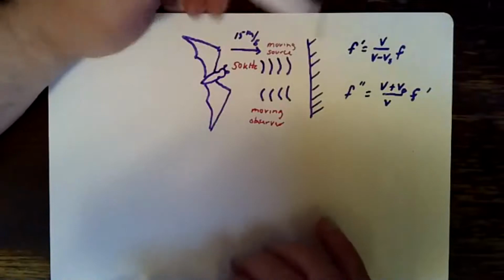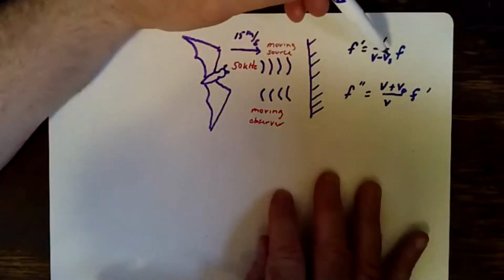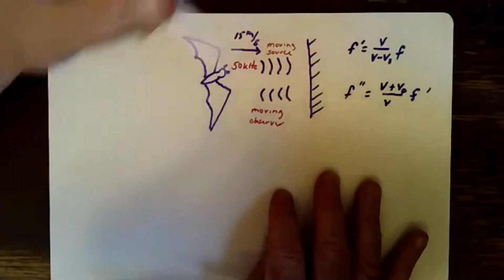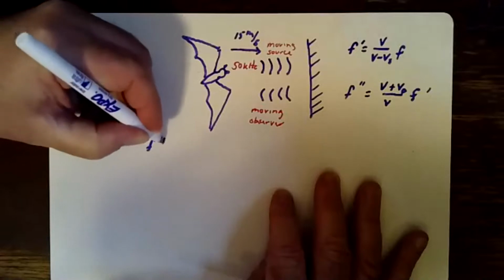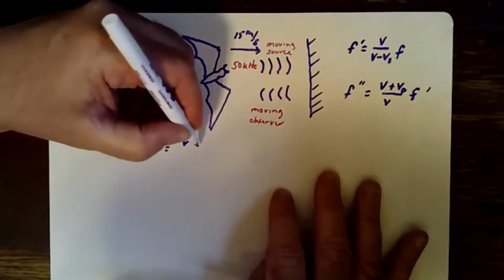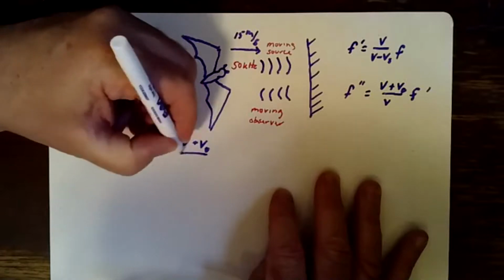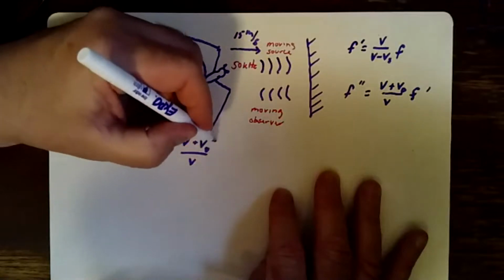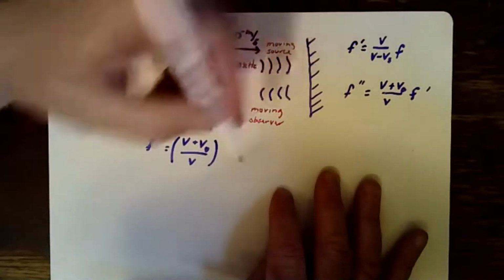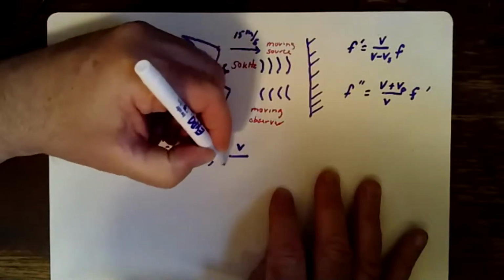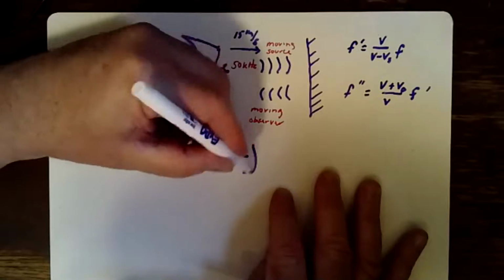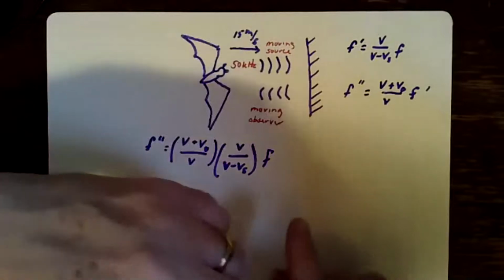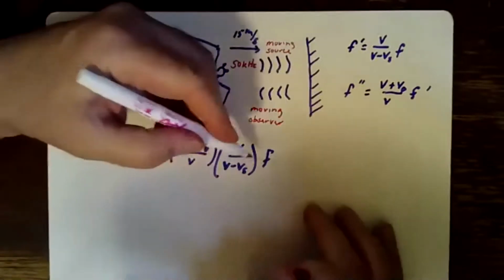Well, wait a minute. There's got to be an easier way around this. So what if we take this equation and substitute it in for F prime? So that's going to look like this. F double prime is equal to V plus VO over V. And now instead of writing F prime, I'm going to write this formula for F prime. So that's going to be V over V minus Vs times F. And lo and behold, the V's cancel out.